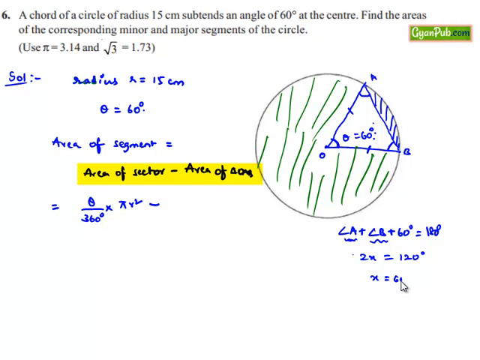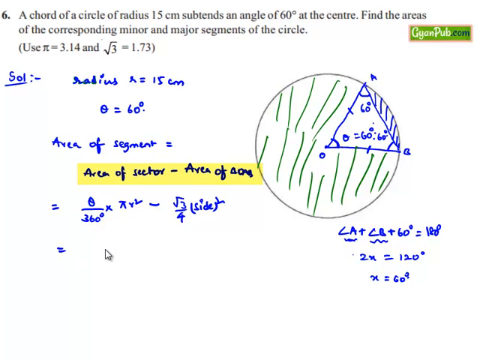x is equal to 60 degrees. Therefore we got all the angles in the triangle as 60 degrees. Therefore it is an equilateral triangle. In an equilateral triangle, area is given by root 3 by 4 times side square.